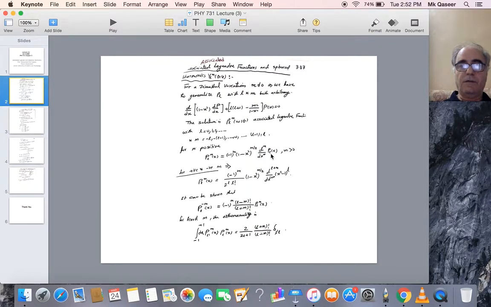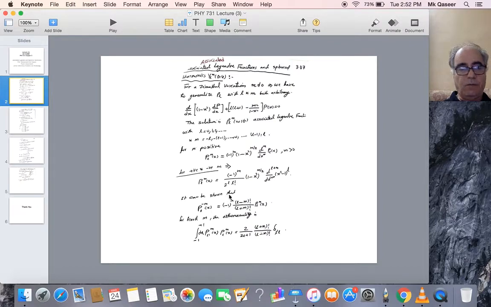So in this case, we derive the mth order from the ordinary Legendre function for positive m. For both positive and negative m, we can use this expression to derive the mth order of P_L(x).